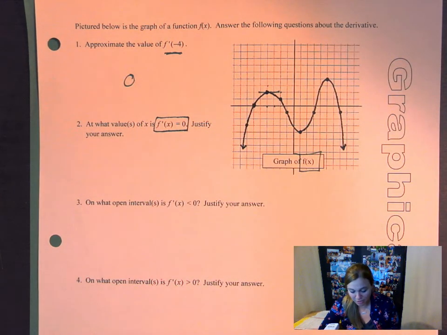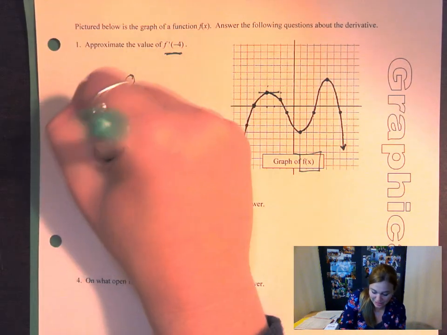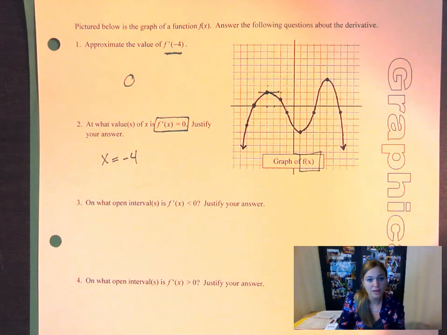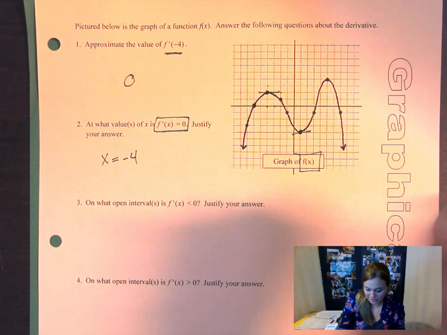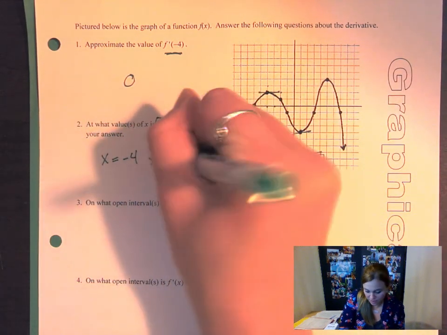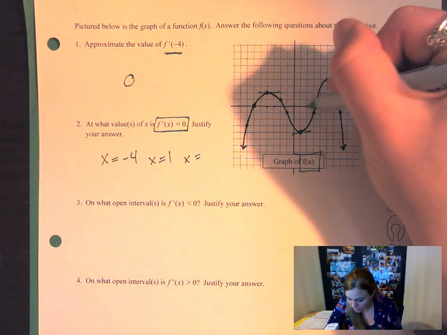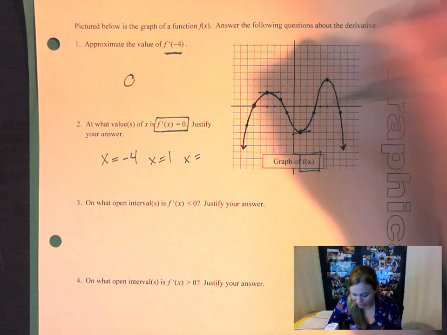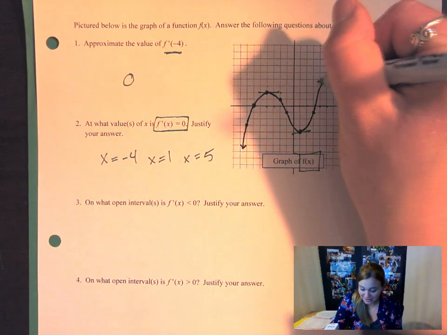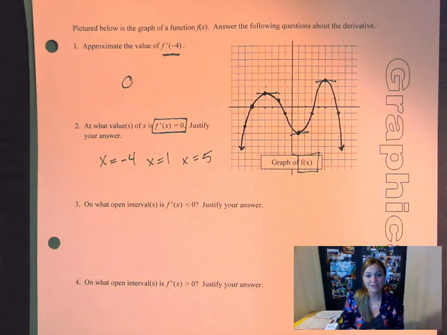Another one, f prime of x is equal to 0. We already said x is equal to -4. But then I would also say these other values. So x is equal to 1, x is equal to 1, 2, 3, 4, 5. And the reason is, you can see the graph is neither increasing nor decreasing.